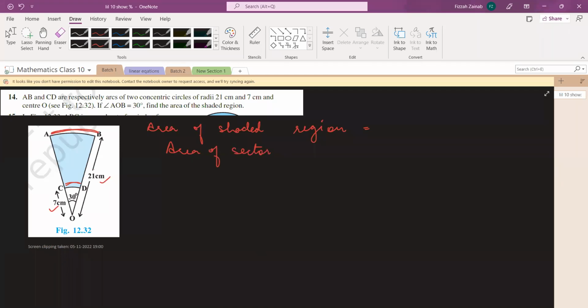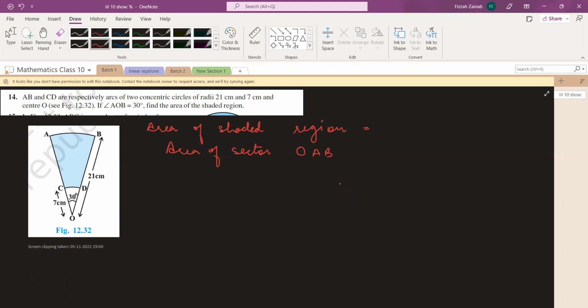Now to name a sector, see here, if I name it like this, OAB, the bigger sector OAB, somebody can think of it as a triangle, right?